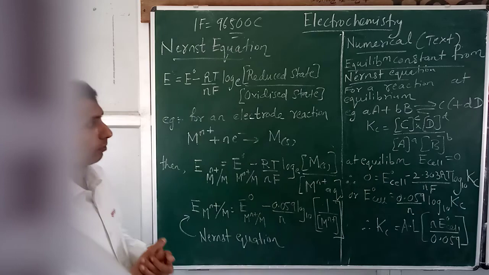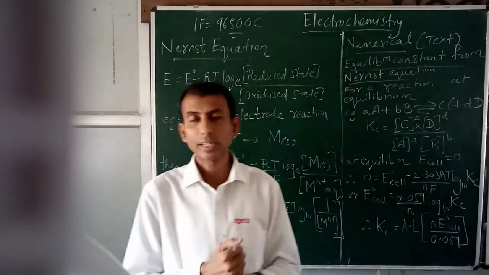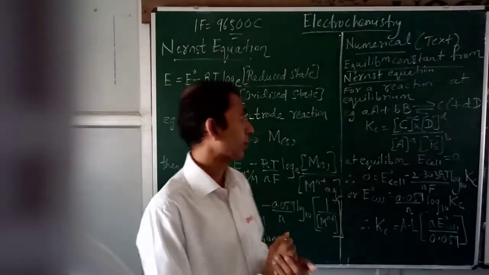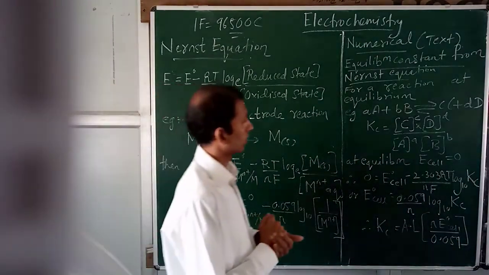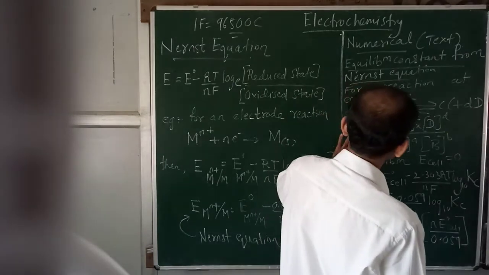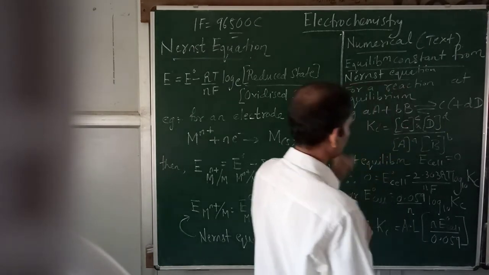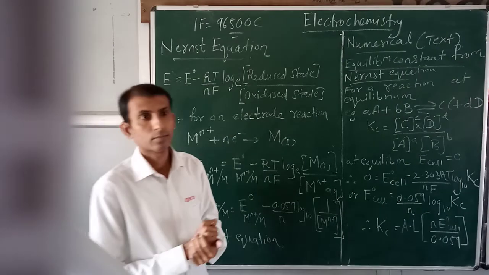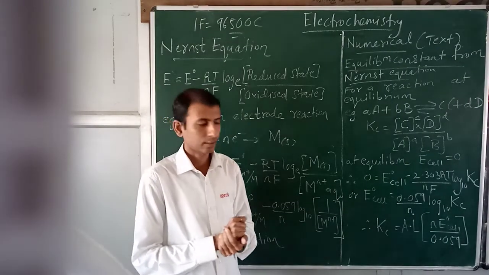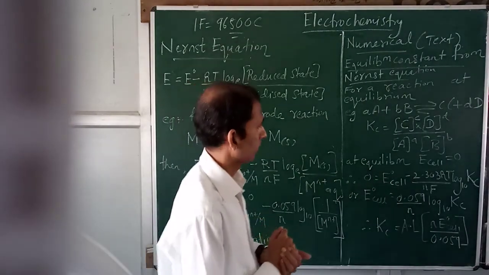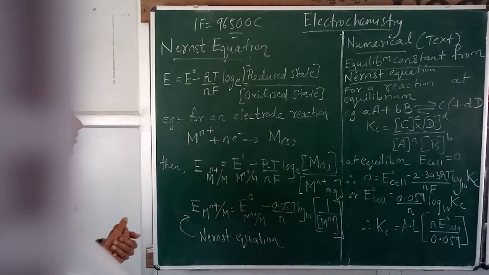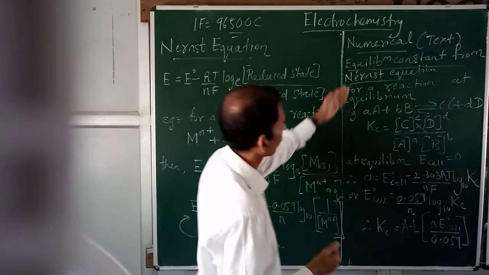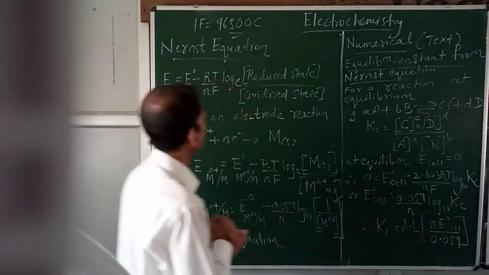So this is today's concept: the Nernst equation and its relation to the equilibrium constant Kc. They can ask you to derive the relationship between Kc and the standard potential of the cell. So you have to start from this part, which will give you the answer.